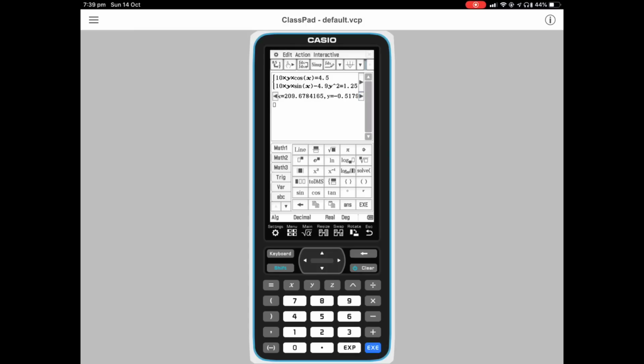What the hell are all these answers? Degrees, real decimal, 75.84, 29.67.